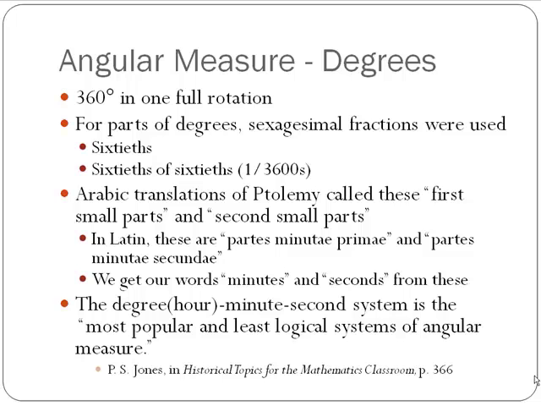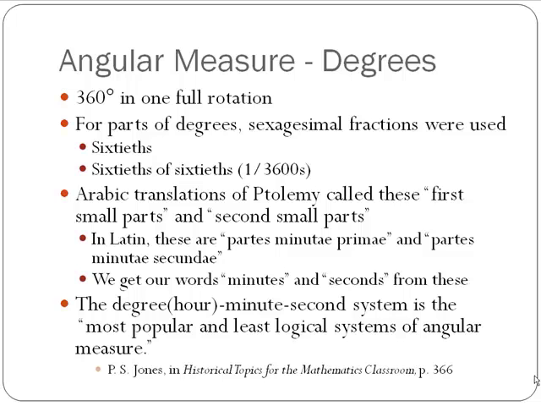The most common way that you and I know about measuring angles is in degrees, and using that Babylonian idea, there were 360 degrees in a full rotation. For parts of degrees, sexagesimal fractions were used and are still used today. There are 60ths and then 60ths of 60ths, or the 3600ths. Arabic translations of Ptolemy's Almagest called these the first small parts.